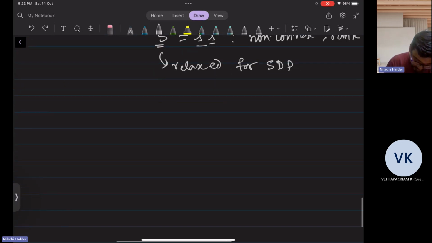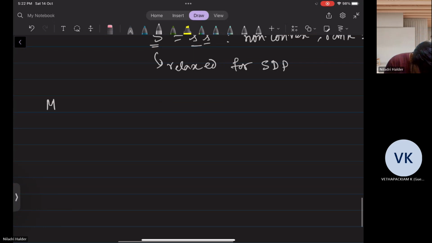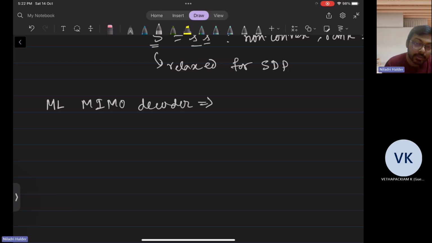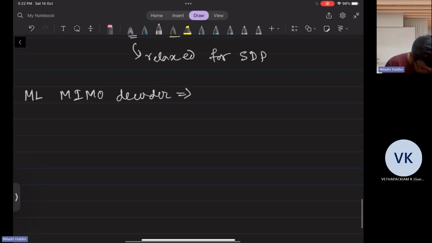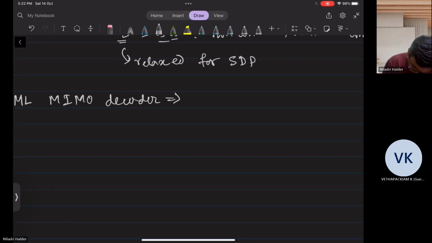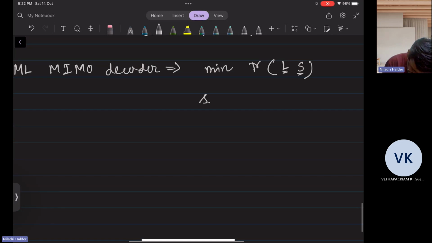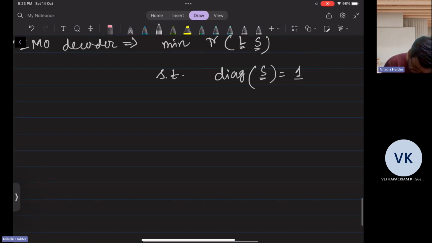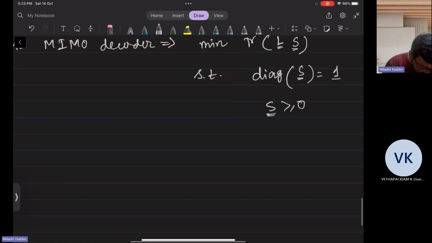So then for the ML MIMO decoder, the optimization problem is: minimize trace of LS subject to diagonal of S is equal to 1 vector, and S is greater than or equal to 0, or S is a positive semi-definite.